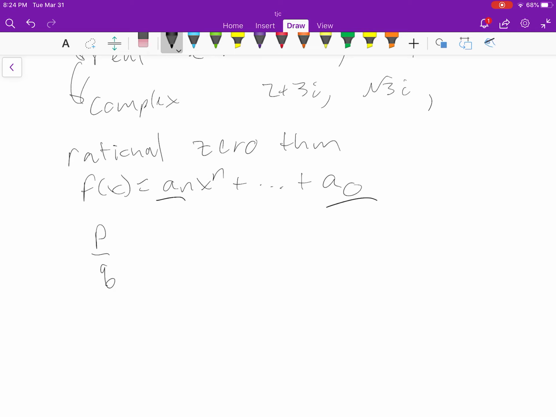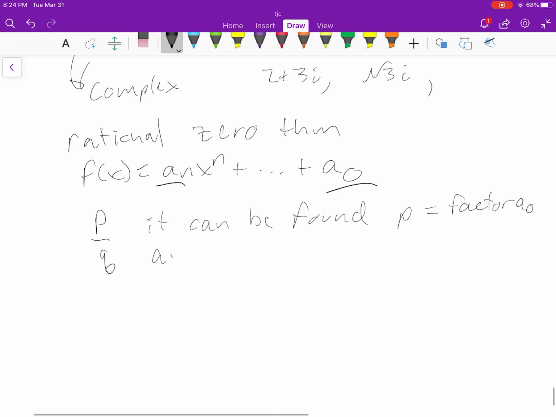It can be found by p equals some factor of a0 and q equals some factor of an. So what it simply states is that if there is a rational zero, it is just going to be some factor of the constant term divided by some factor of the leading coefficient.